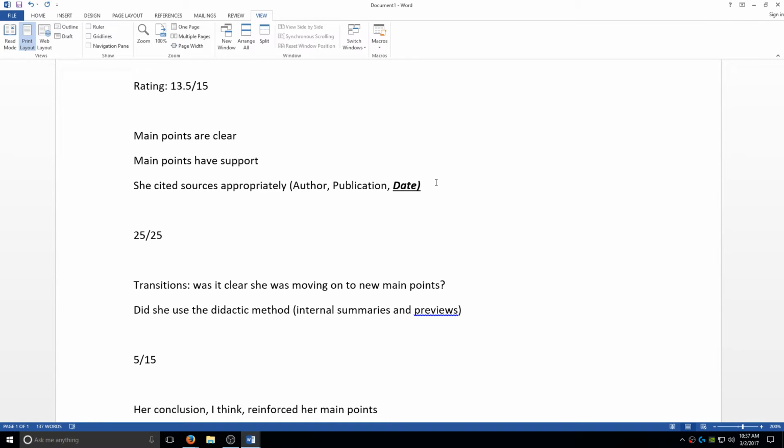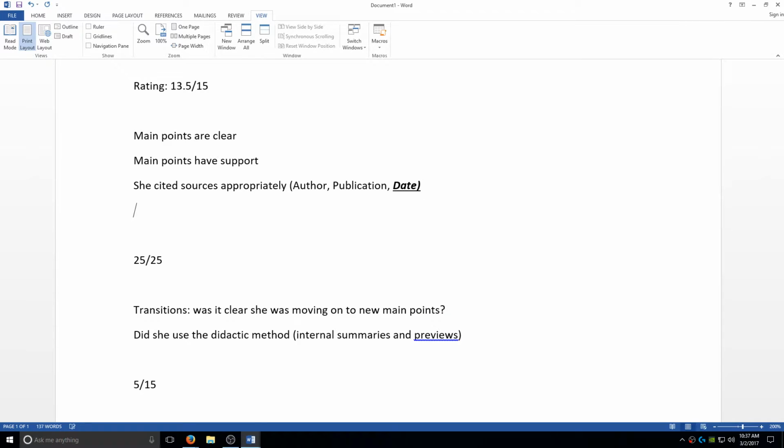You really do need to keep your citation phrase something like, according to John Smith, writing in Time magazine in their November 2016 issue, right? Have all of those elements in there.